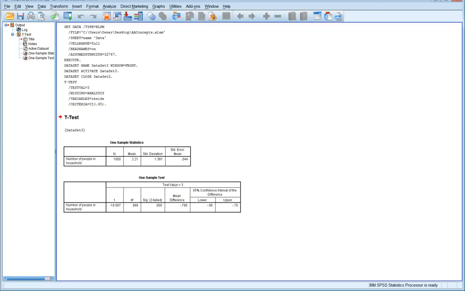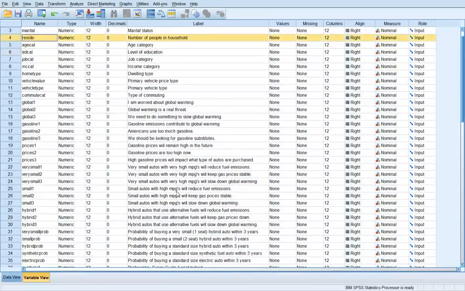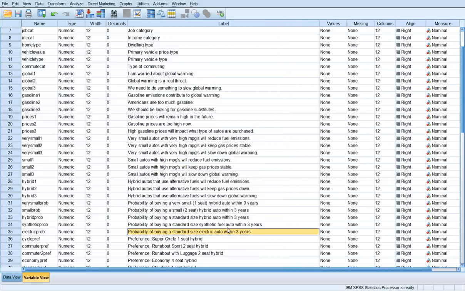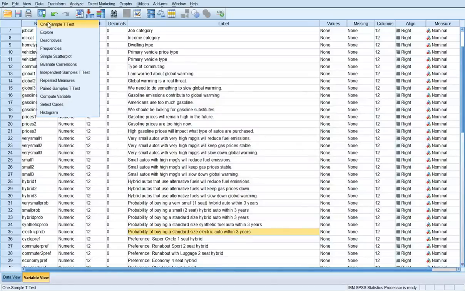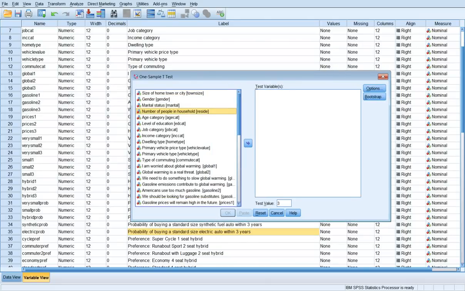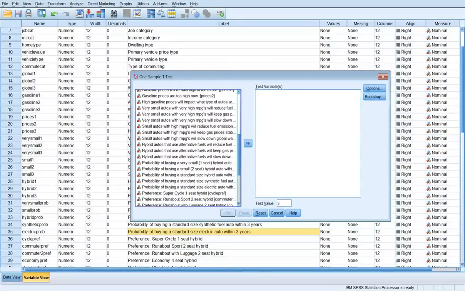Let's test another hypothesis. Before, we compared the probability of buying a standard size electric auto within 3 years to 30. So let's repeat the same test. I'm going the shortcut here, select one sample t-test, and select the probability of buying a standard size electric auto within 3 years.